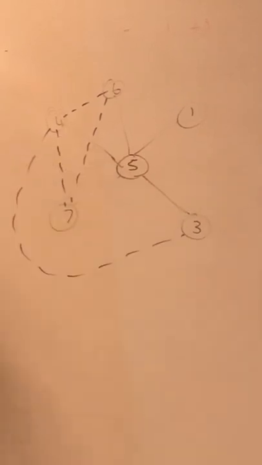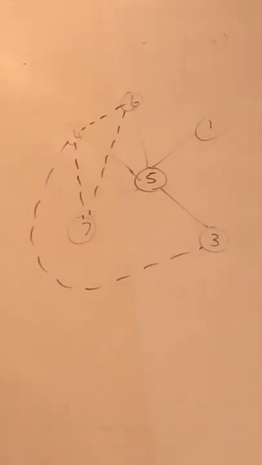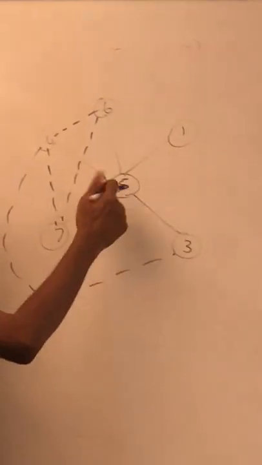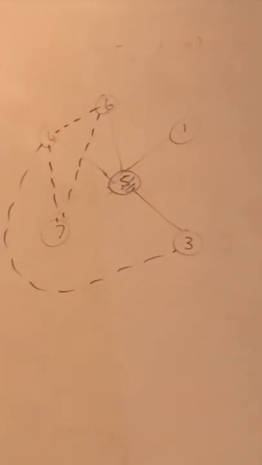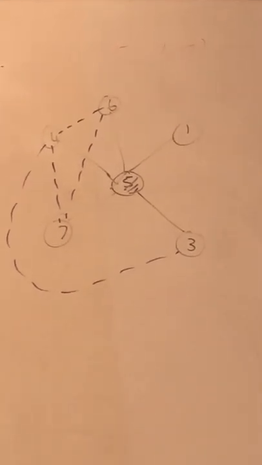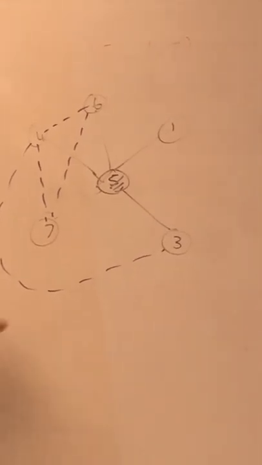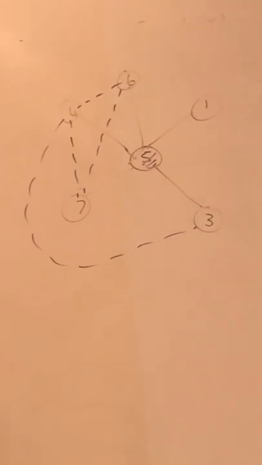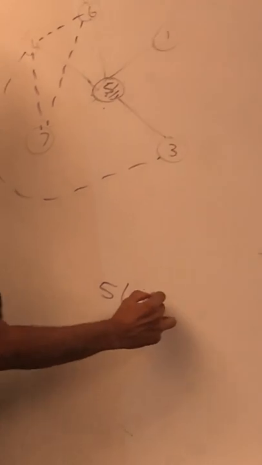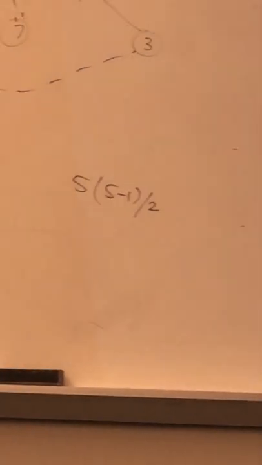So you have 5 neighbors and you have 4 edges connecting the neighbors. If you have 5 neighbors for vertex 5, what is the maximum number of edges you can have among those neighbors? Which means if all those neighbors are directly connected to each other, how many edges do you need to directly connect any 2 neighbors? In this case you have 5 neighbors, so it is 5 times 5 minus 1 over 2. You need this many edges to connect these neighbors to each other.